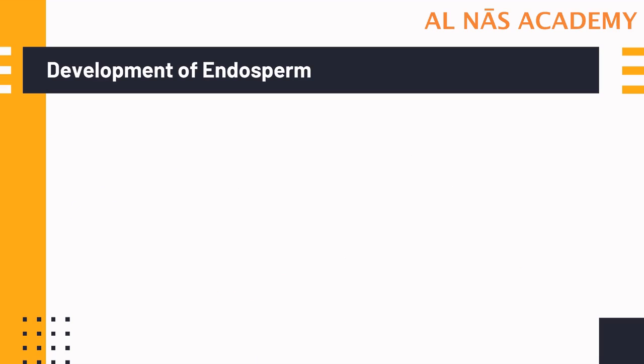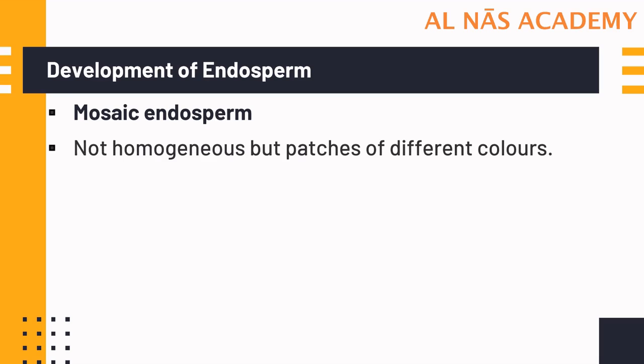Apart from the three types, the fourth one is Mosaic endosperm. The three basic types are nuclear endosperm, cellular endosperm and Helobial endosperm. Apart from these, one more type is there which is known as Mosaic endosperm. Now in some cases the tissue of endosperm is not homogeneously distributed, but there are patches of different colors, and such endosperm is called Mosaic endosperm.